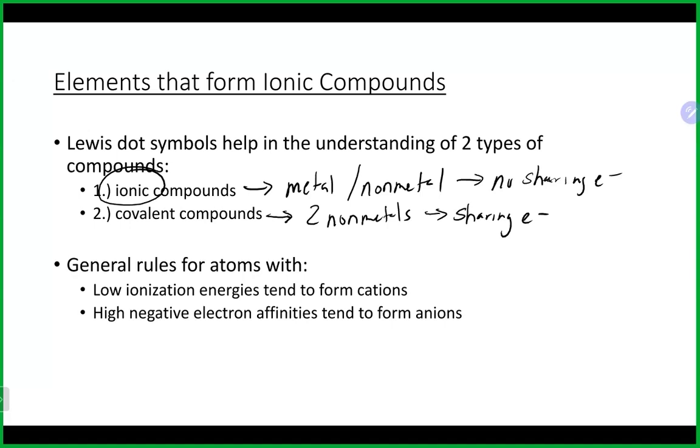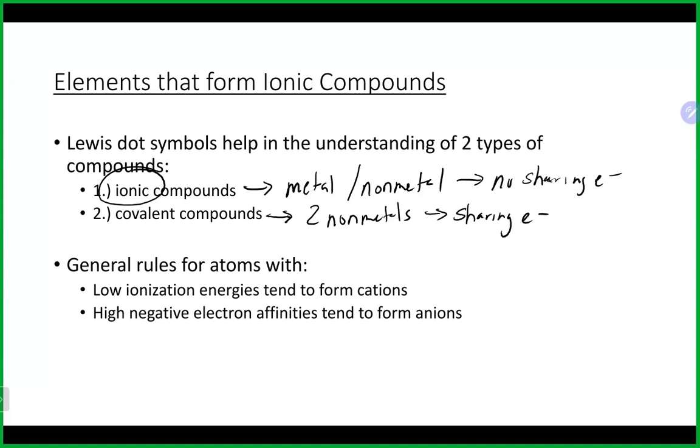A lot of this revolves around those periodic trends we talked about. Things with low ionization energy will tend to form cations. A reminder that ionization energy is the energy needed to remove an electron. So if it has a low ionization energy, the electron's going to pop off; it's not going to be very hard to do that.